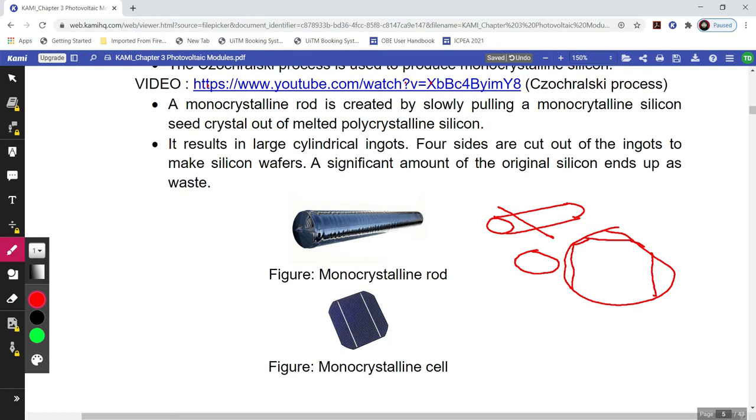Why they choose this shape? Because this shape can make the waste less compared to the other shape. Okay, so this one become the waste.